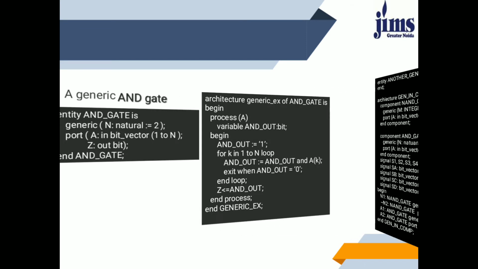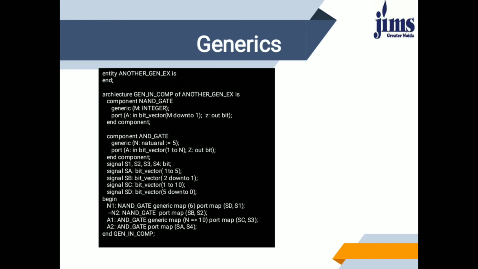Generics can also be defined in component declaration and component instantiation. Look, in the component declaration part, like we were doing in structural mapping, we were doing the port mapping. So in the component declaration part, component NAND underscore gate is declared here.